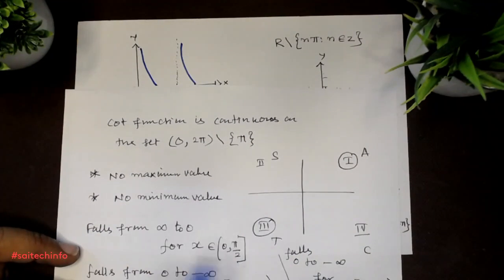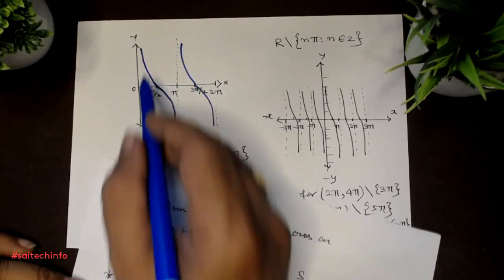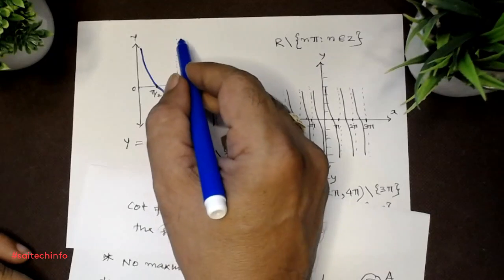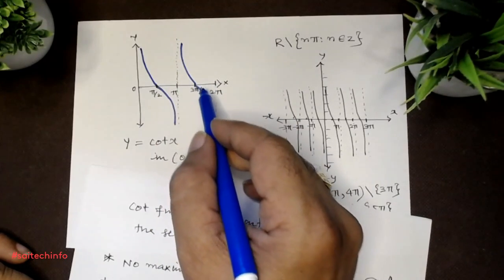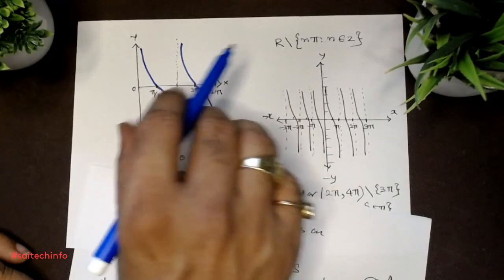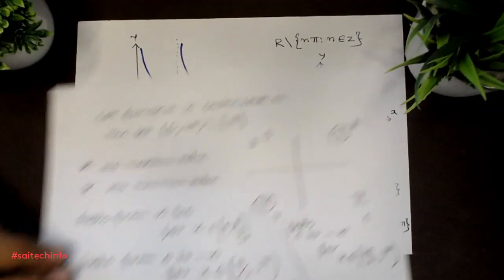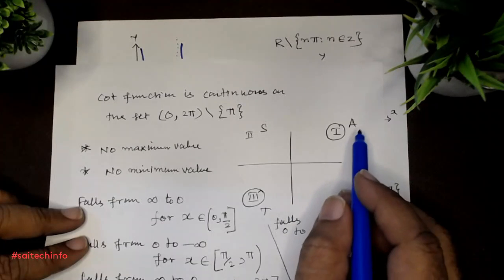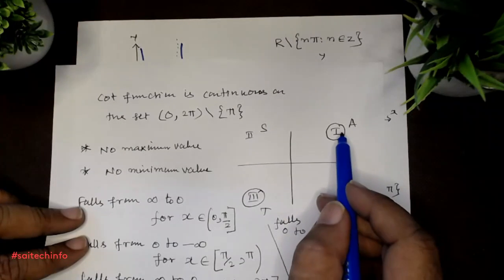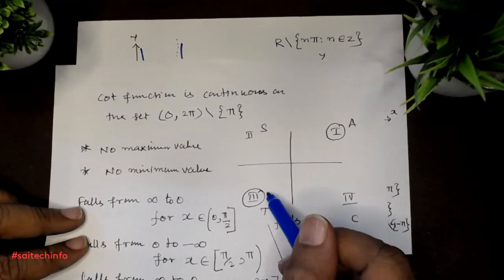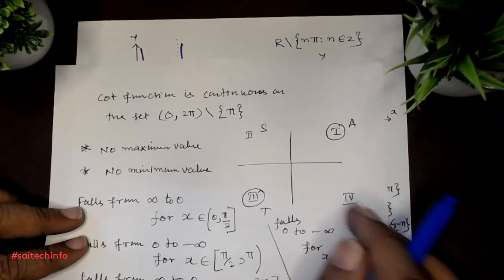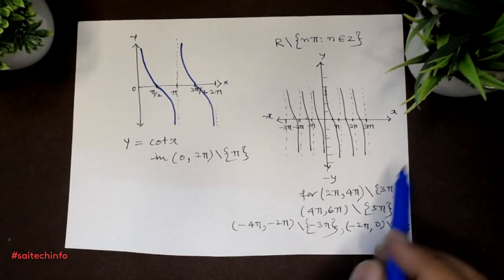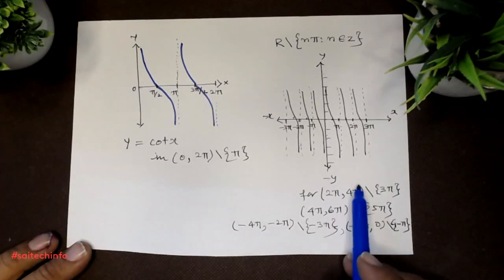We have explained how it falls from infinity to 0, 0 to minus infinity, again infinity to 0, 0 to minus infinity for the respective x values. Then we explained that tan and cot are positive in the first and third quadrants, and negative in the second and fourth quadrants. And for the complete set we have explained here. Okay.